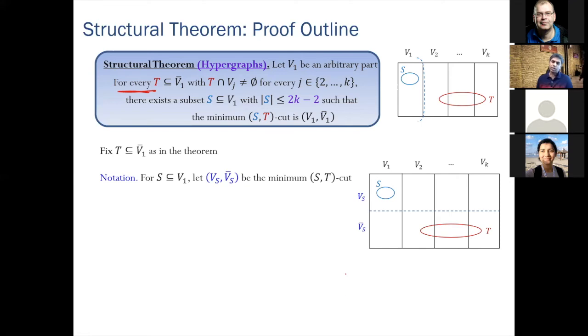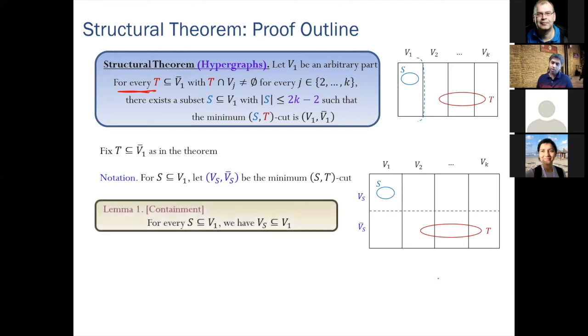Now we prove the structural theorem in two steps. First step, we show a containment: for every subset S that is contained in V1, the source side of the min ST cut will be completely contained in V1. That is, all these boxes are in fact empty.